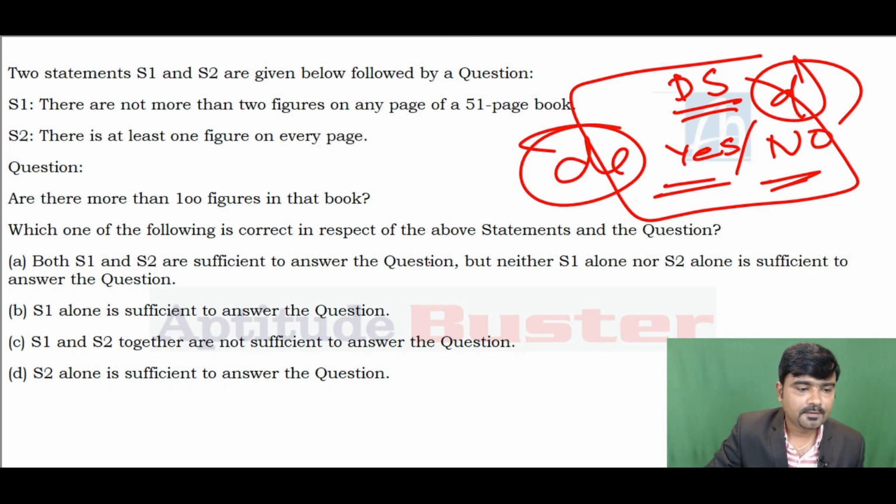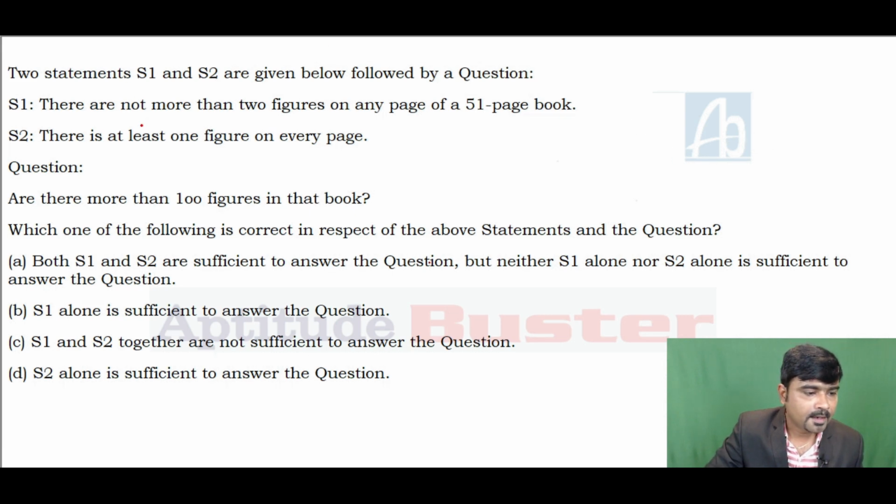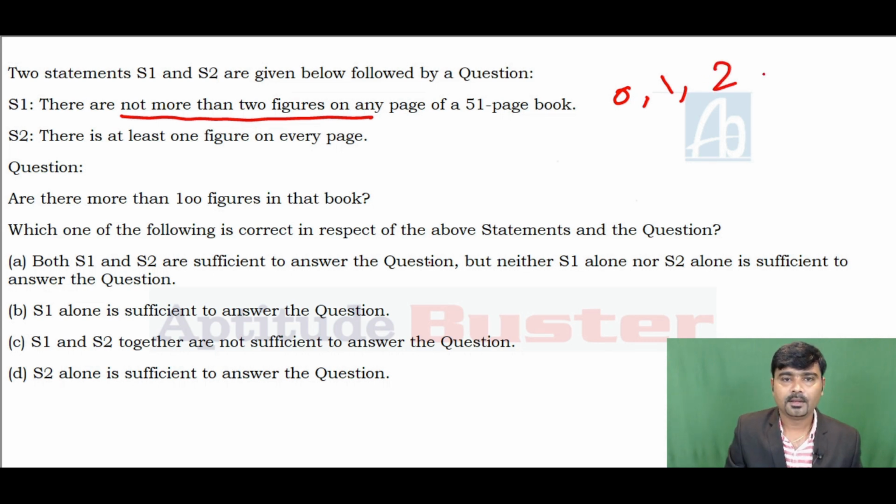Okay, now we take the first statement alone. While reading the first statement, not more than 2 figures, this may be 0 figures, 1 or 2. If I take 0, then total figures is 0. If I take 1, total figures is 51. If I take 2, total figures is 102.